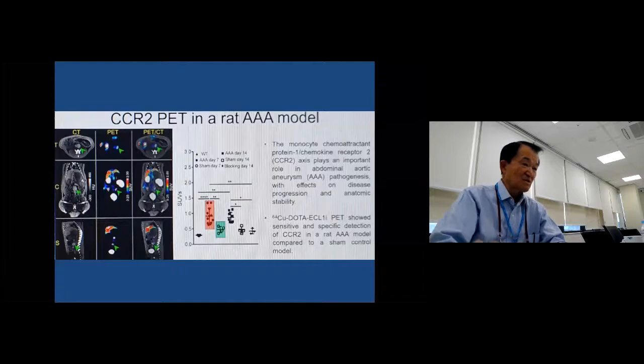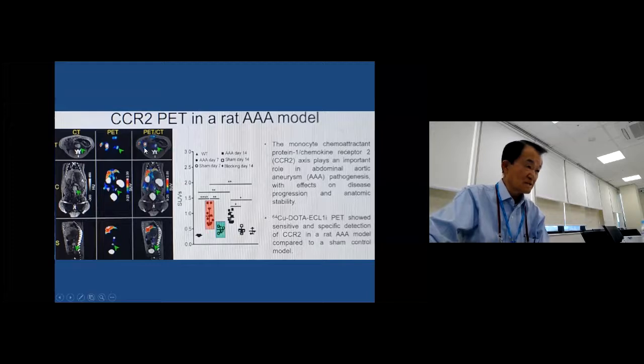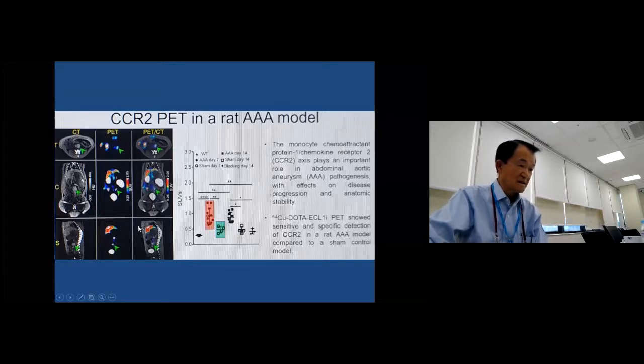So it's a monocyte, it's a chemokine receptor labeled with PET agent, kappa, showing some uptake here in the animal model.